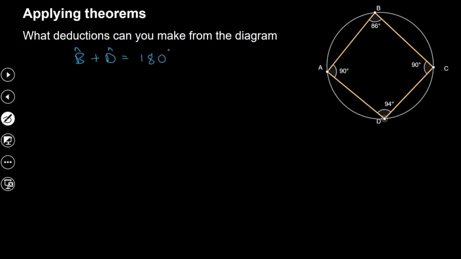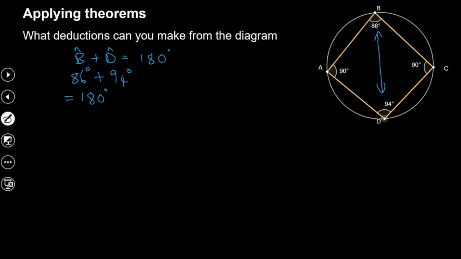It's not that I'm saying it because it's a cyclic quad. No, I'm saying it because you can see that I can add these angles here and get 180 degrees. So this is my 86 degrees plus 94 degrees, which equals 180 degrees. So I'm giving it as 180 based on that, right?